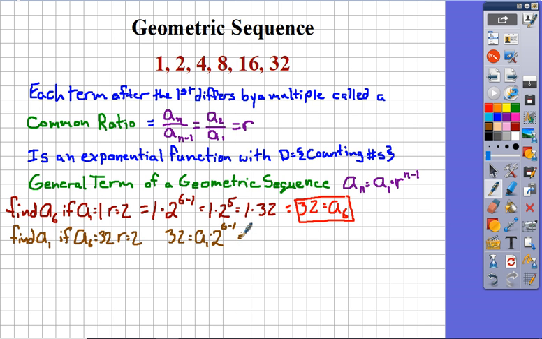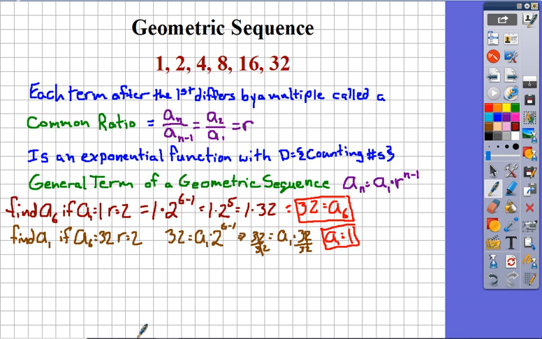So 32 equals a sub 1 times 2 to the 5th power, which is 32. We divide both sides by 32, 32 cancels, and a sub 1 is 1. The first term is 1, just like up here.